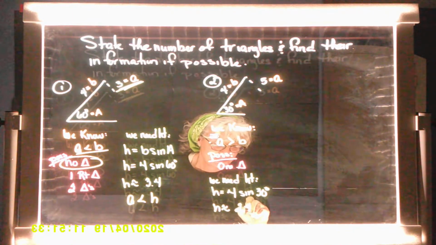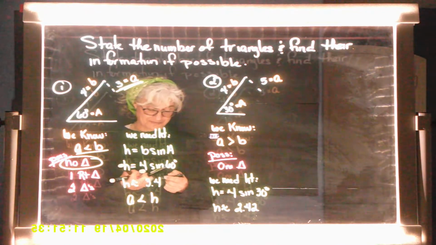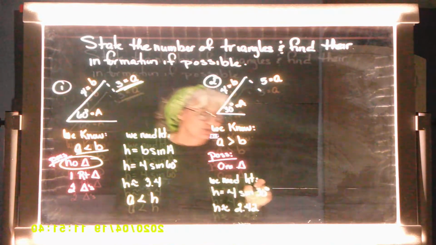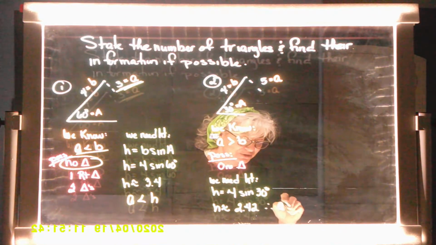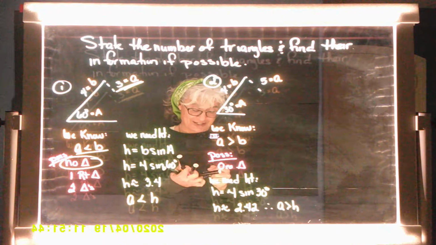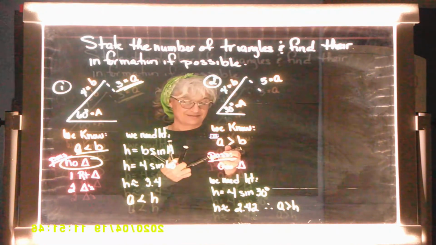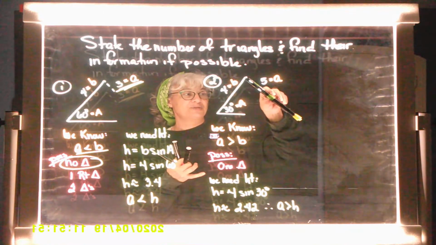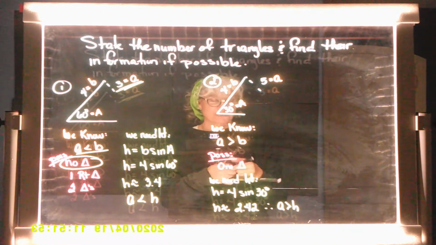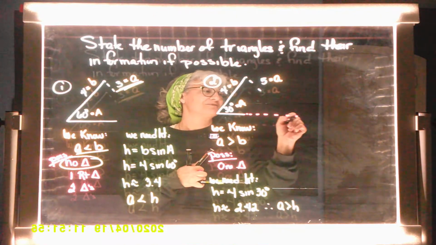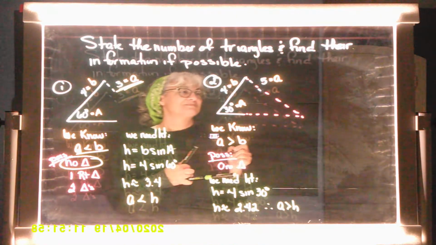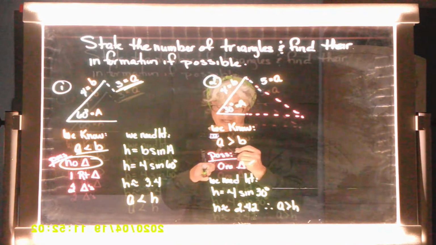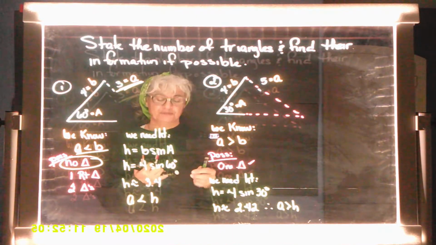Height is approximately 2.42. So, A is greater than B, and A is also greater than the height, which means it's going to swing out and create this triangle. So I do indeed get one triangle. Are y'all with me? Okay.